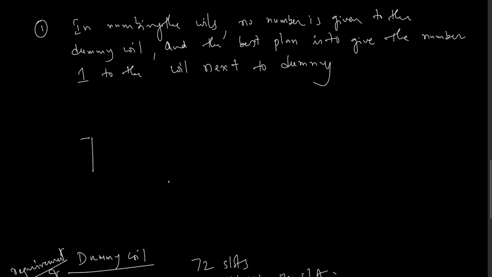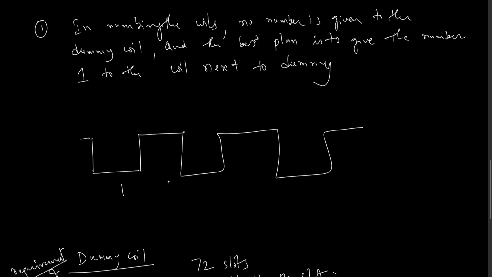Suppose in slots we have it like this, 1 2 up to how many slots? 72 slots are there. So if we take two coil sides like this, how many coils are there? 144 coils are there.